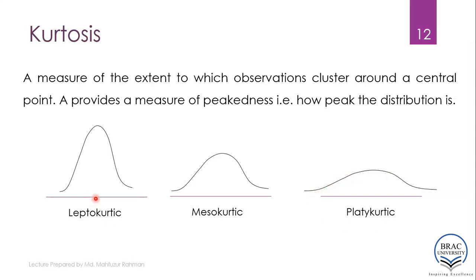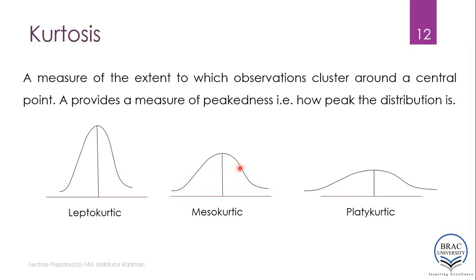So if we put the central value here, in the leptokurtic situation, which is the high peak distribution, most of the data is around this center point. That's the peakedness. In mesokurtic, the data set is a little more spread compared to the leptokurtic.